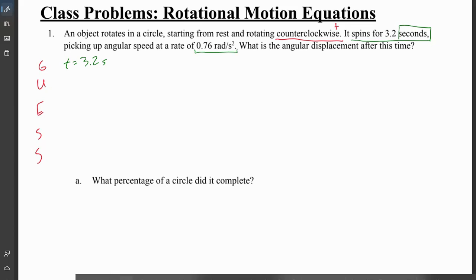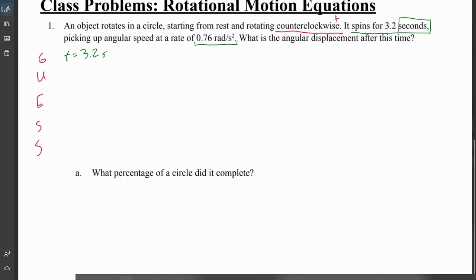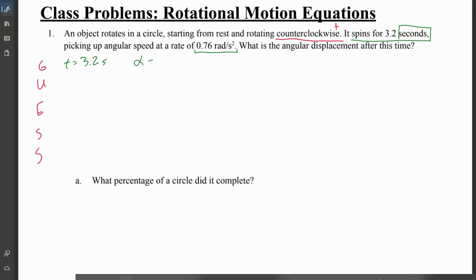Well, what's the only thing that's in the units of radians per second squared? Alpha. That is our angular acceleration. So its angular acceleration, or alpha, is equal to 0.76 radians per second squared. Okay, remember we need 3 givens to solve for any unknown. So we need one more.